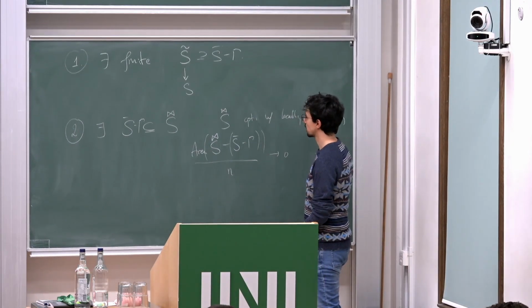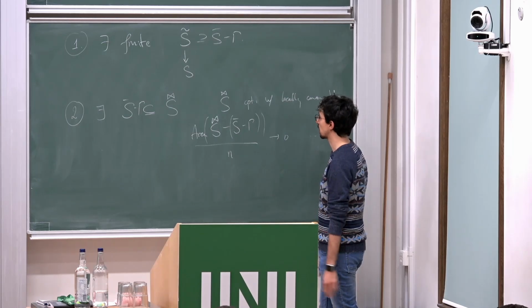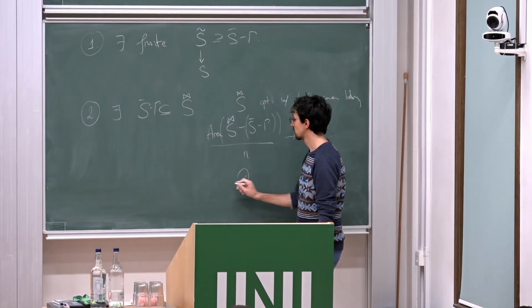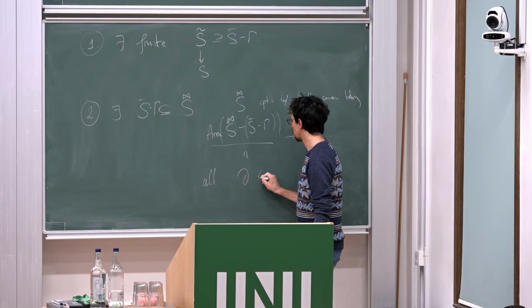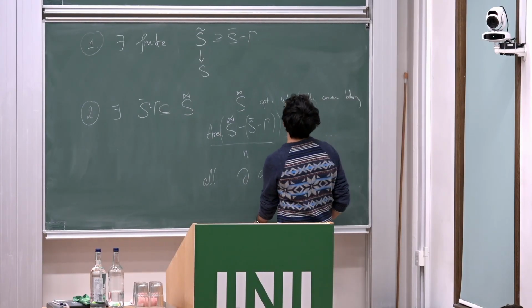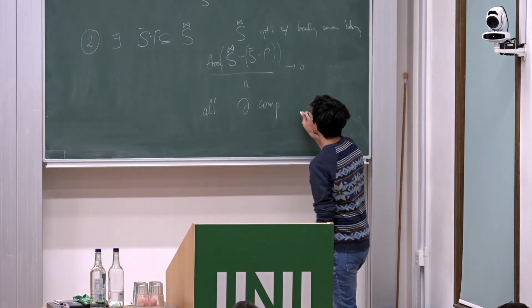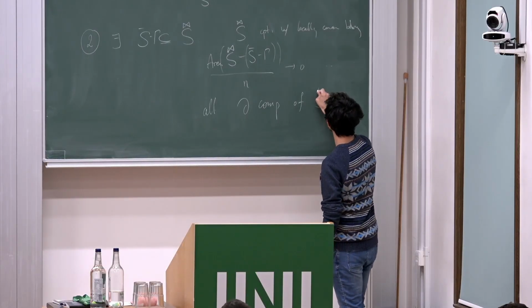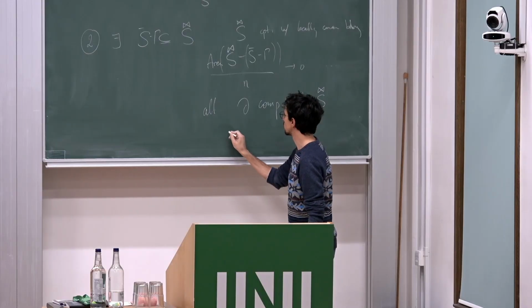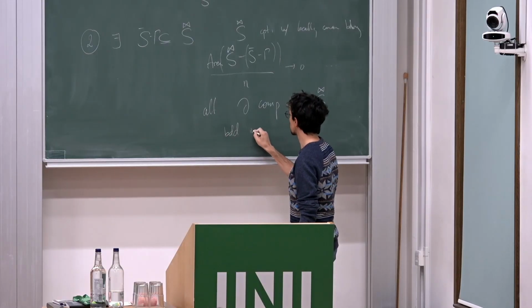So far I could just take S bar minus gamma. So the extra assumption is that I want all boundary components of this guy to be bounded in size.